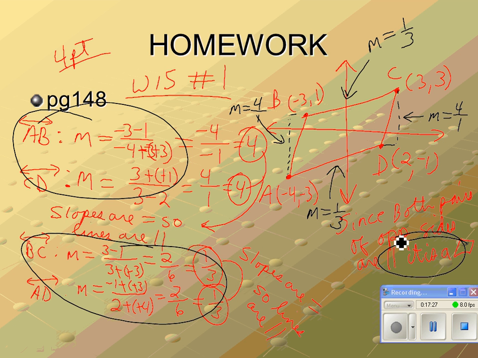You're going to get half credit, 50%. You still got to give some kind of explanation of what those slopes tell you, because they want you to know the rules: if opposite sides are parallel, then it's a parallelogram, and if the slopes are the same, then the lines are parallel. They want you to know those rules, not just how to do the math.